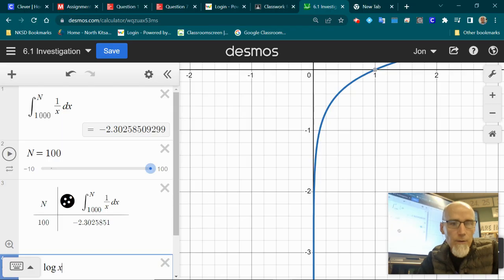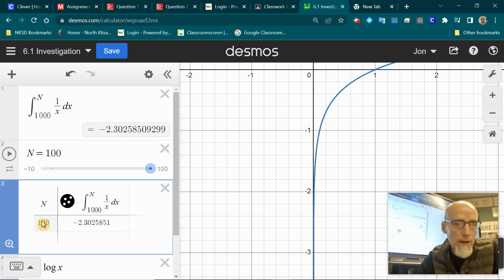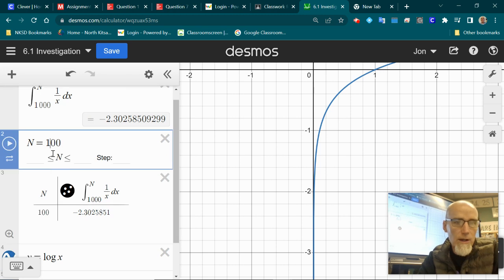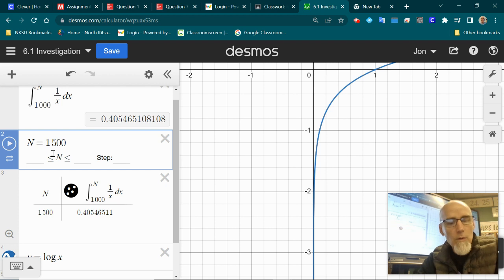Okay, so let's see, where did we have 0.5? Oh, I keep forgetting, I got to change it up here. 2000? Oh, that's too much, right? Was 1500? So in between 1500 and 2000, right? So it wants us to use our solver to figure that out, okay?